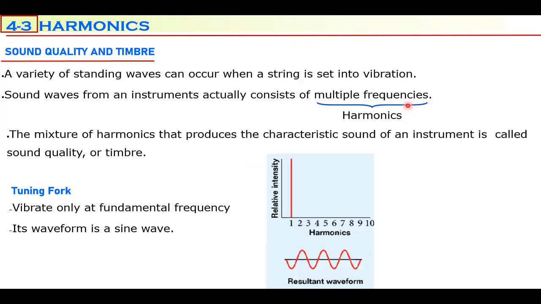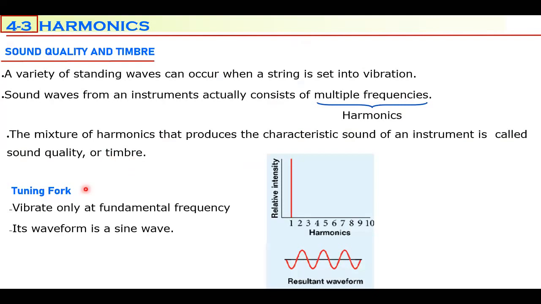When you play a guitar, a violin, a clarinet or a saxophone, more than one harmonic exists at the same time. And the mixture of these harmonics produces the characteristic sound of that instrument, which is called sound quality or timbre.